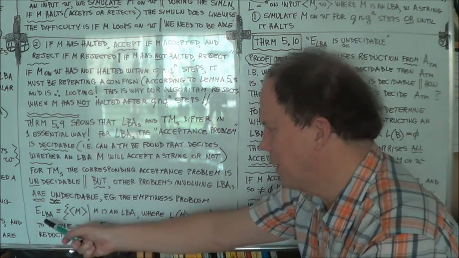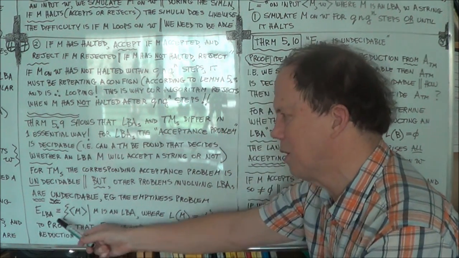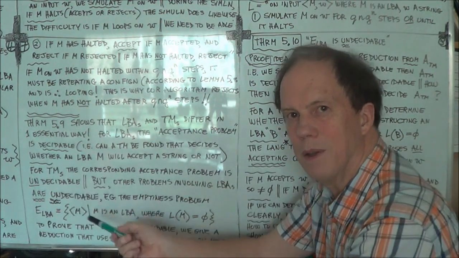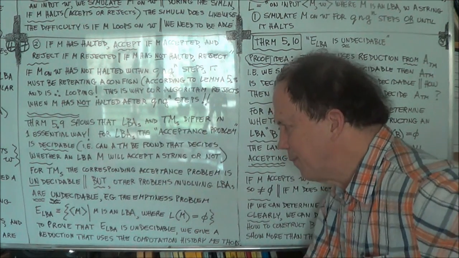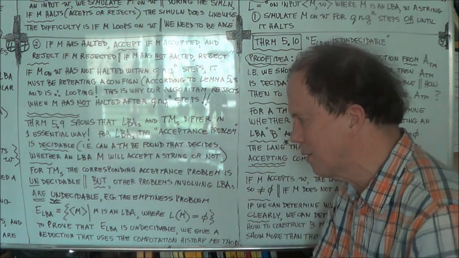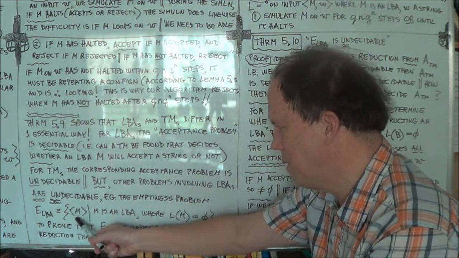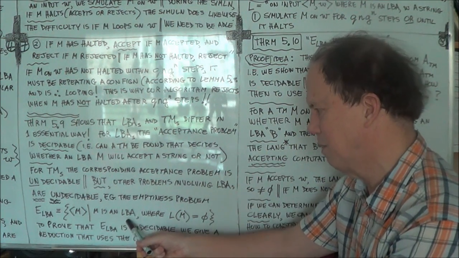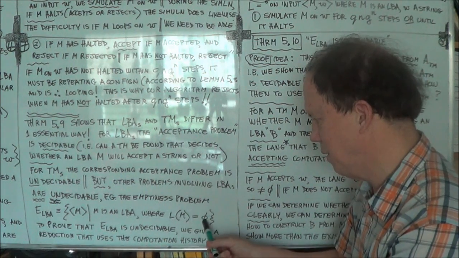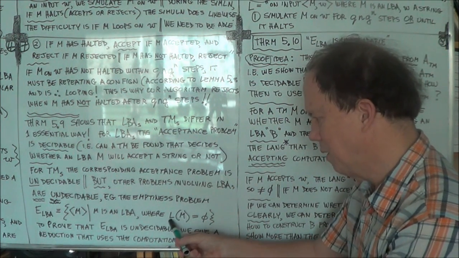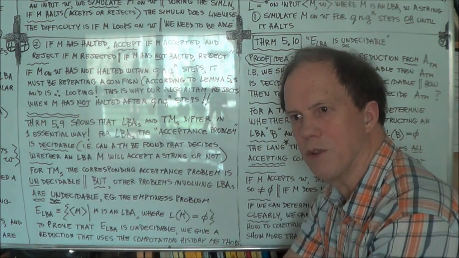Now we've done this sort of thing several times, but now we're doing it for LBAs, and we're going to show that this language is undecidable, where M here is now an LBA, not an ordinary Turing machine, and where the language of that machine is the empty set. In other words, this LBA accepts no strings; it rejects all of them.